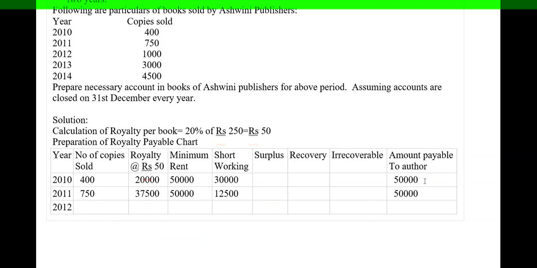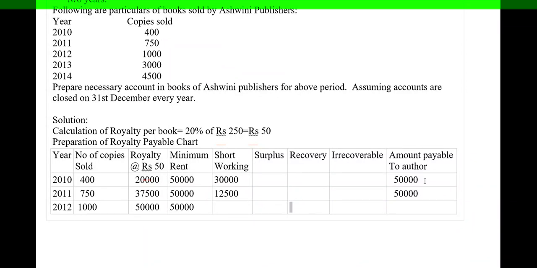Then 2012. So the number of copies sold are 1,000. So royalty will be 50,000. Minimum rent is also 50,000. So neither surplus nor short working here. So here the 30,000 should be recovered.